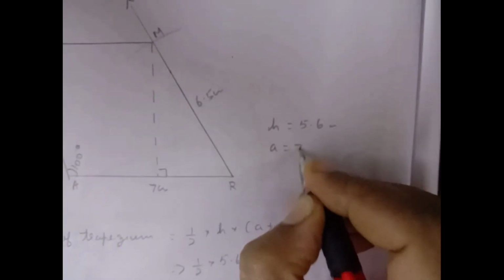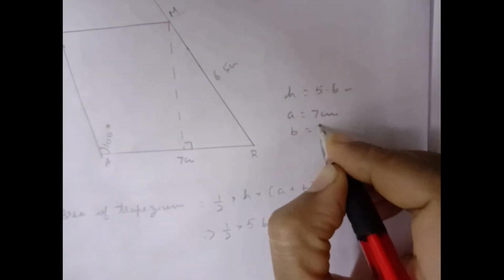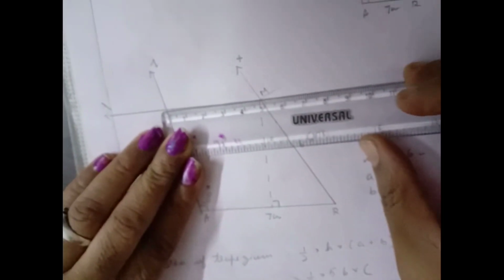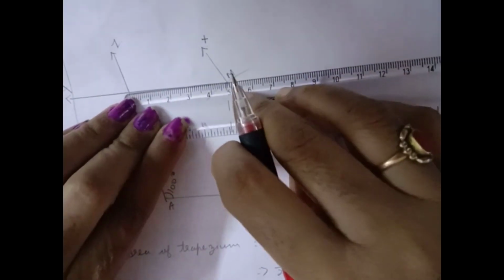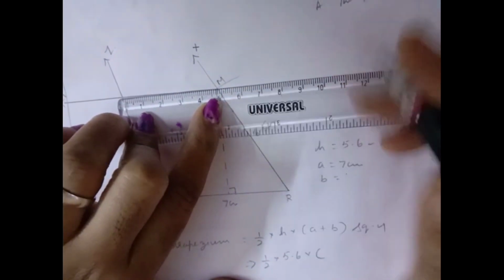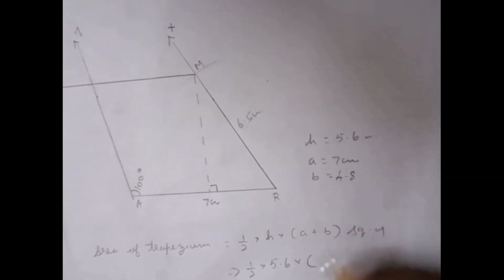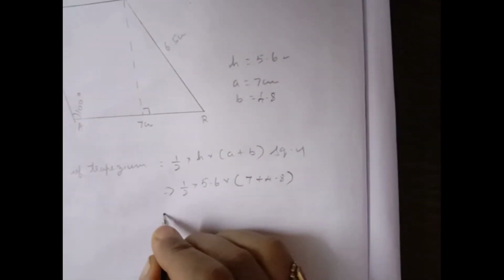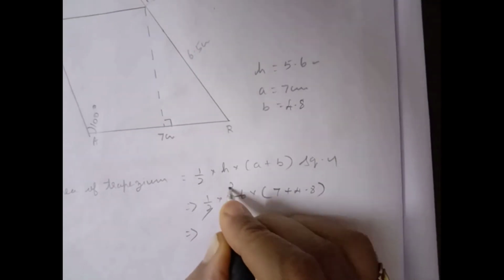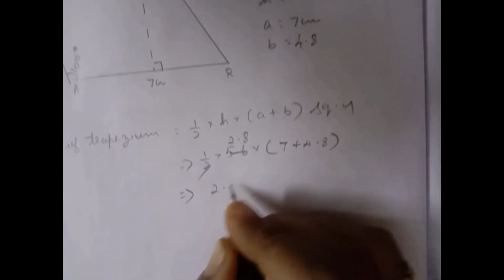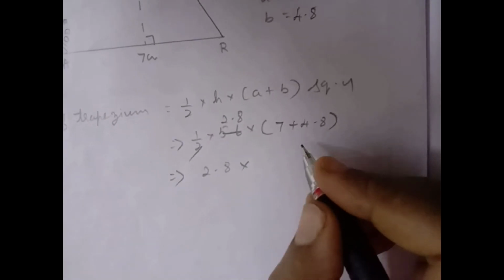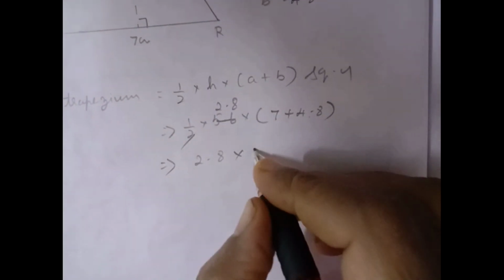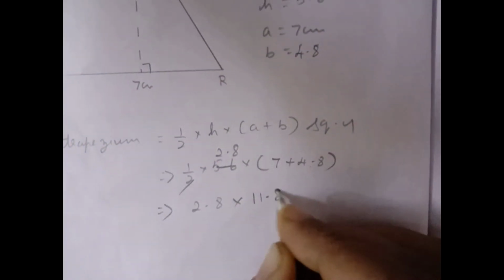A equal to 7 centimeter. So you have to find out the B value. Measure B. B equal to 4.8. So if you cancel, 2.8 into 7 plus 4.8 is 11.8.